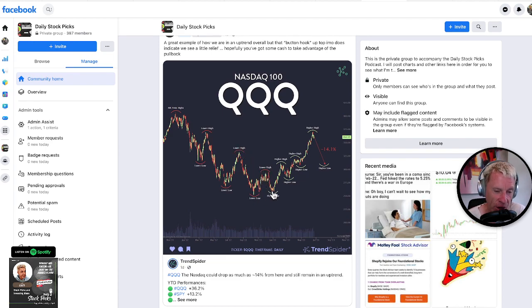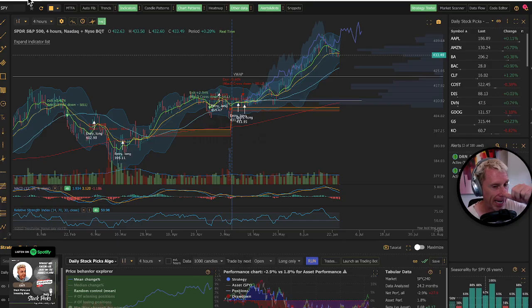Then you get to the higher low, and then it's a higher low, higher low. This is where we are today at the higher high. Now, you could pull back 14% and still have a higher low. The reason you want to be bullish is because if we draw that trend line, we're in an upward trending market. I do not think we're pulling back 14%. There's no catalyst that I can think of that would send us 14% down.